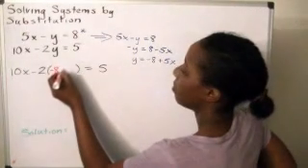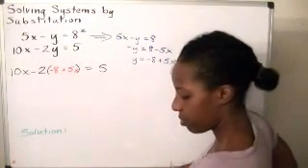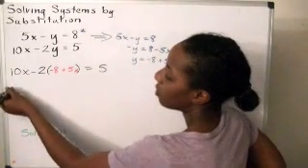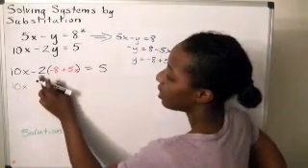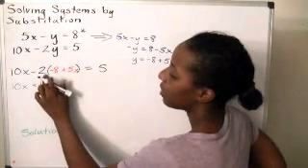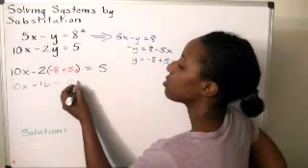Negative 8 plus 5x. Okay. So I'm going to distribute the negative 2 over. Negative 2 times negative 8 is positive 16. Negative 2 times positive 5x is negative 10x.